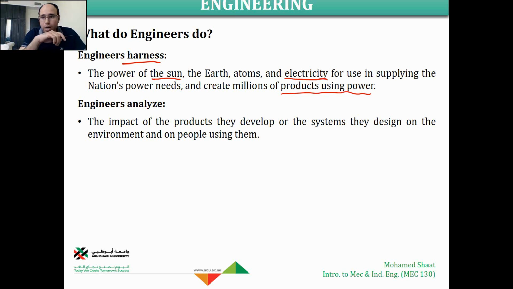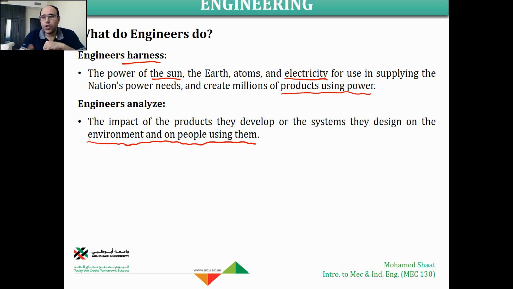Engineers do analysis. They should have skills to analyze the impact of the product that they develop or the system that they design on the environment and on people. We should take into account the impact of the things that we are doing as engineers on people and the environment.